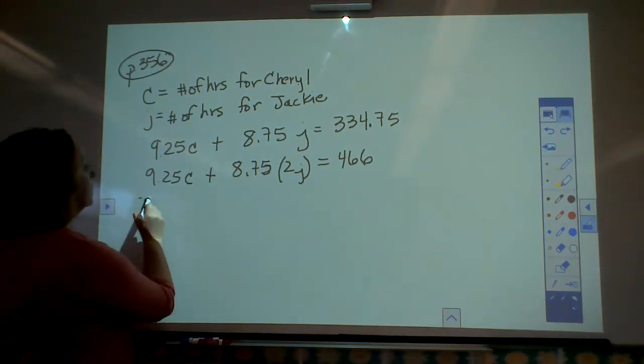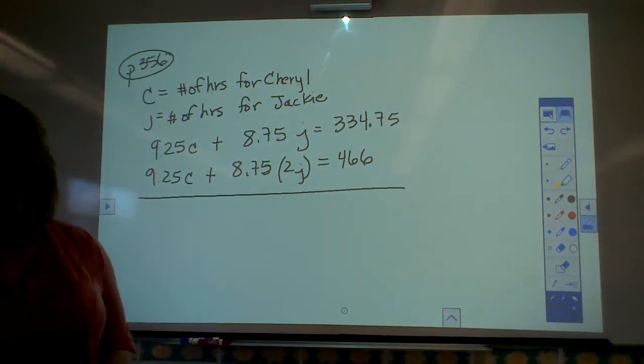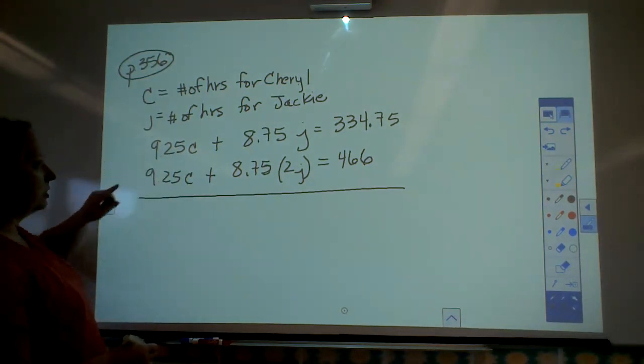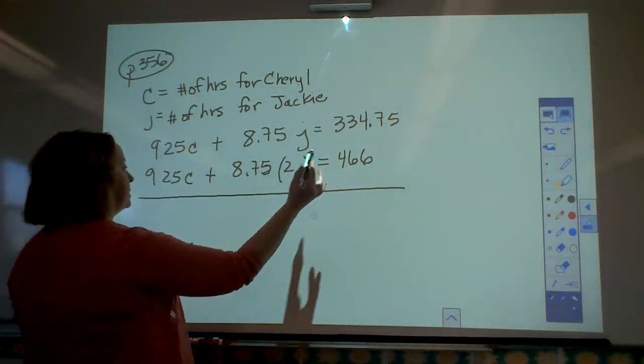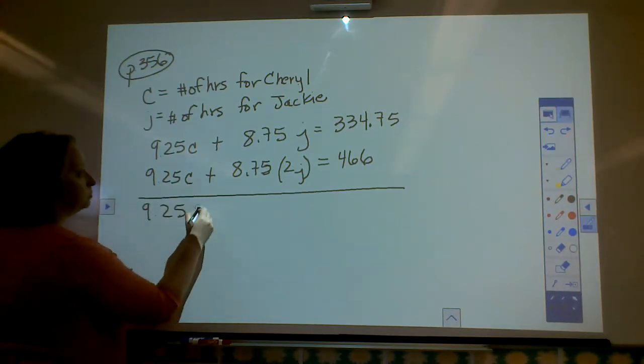Okay, so we've got a little bit of figuring to do here. I noticed that these are the same here, so I'm just going to take a negative through this second equation. The top one stays the same.